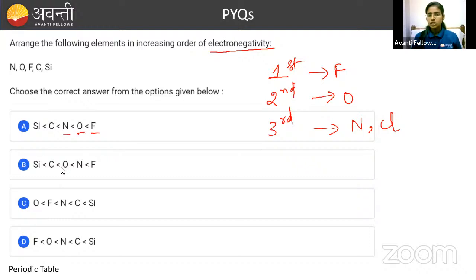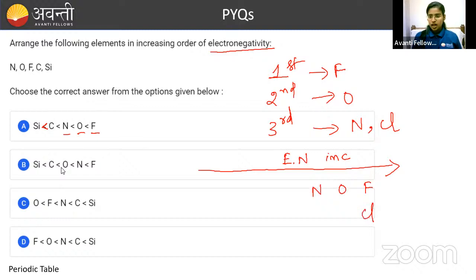Electronegativity is very high, and then comes carbon, then silicon. Why does carbon have very high electronegativity compared to silicon? Here you can see from the symbols, carbon has the higher electronegativity value. It is because across the period, electronegativity increases. We have fluorine, oxygen, nitrogen, chlorine, then carbon, silicon, phosphorus, sulfur, and so on.